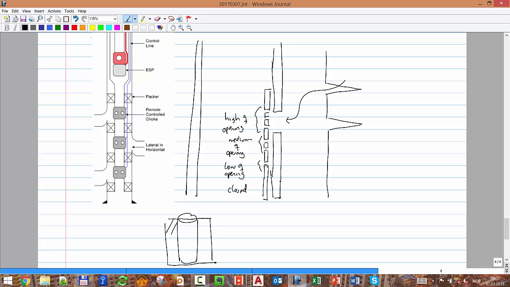Okay, so now the question comes, how do I activate that? I need a piston. So this line has to carry, to move it up and down, I have to have something like this.